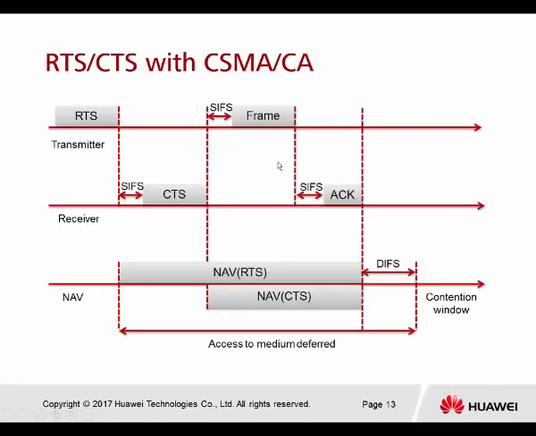So let's look at this: the RTS CTS with CSMA/CA. Our PC is going to send the RTS to the AP. After the AP compares all the PCs' RTS, you notice my PC has the highest priority. After waiting the SIFS time, the AP will send the CTS to every single PC.